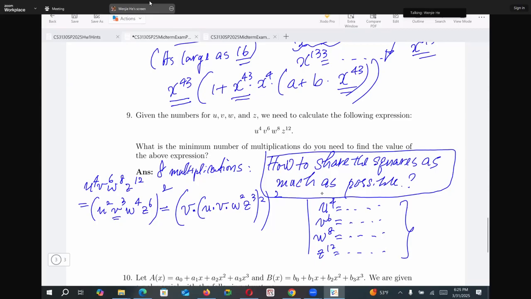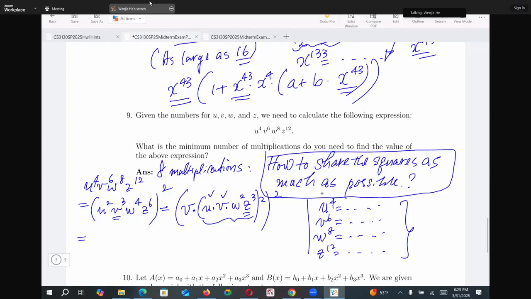Inside the innermost parenthesis, U is down, V is down, right? But W, you have square, Z cube, so you can take one Z out, you can share another round of square.